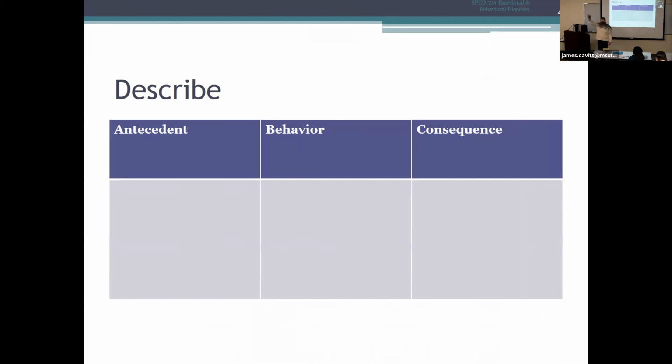What was the antecedent? Unstructured time. That's a really big deal, because most aggressive behaviors happen in unstructured times: playground, cafeteria, hallway, those kinds of things, right? So what were the behaviors that we saw?